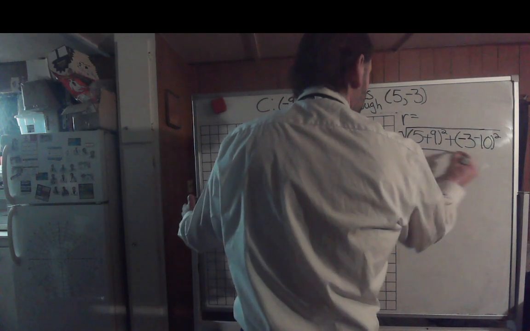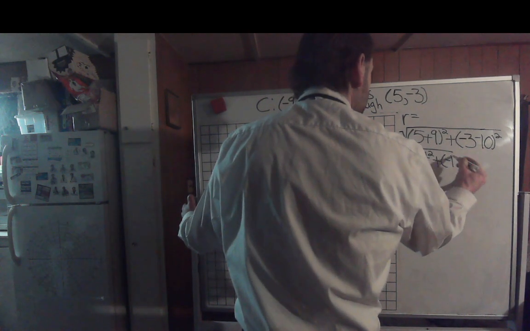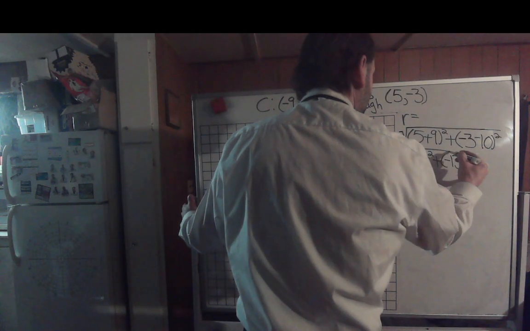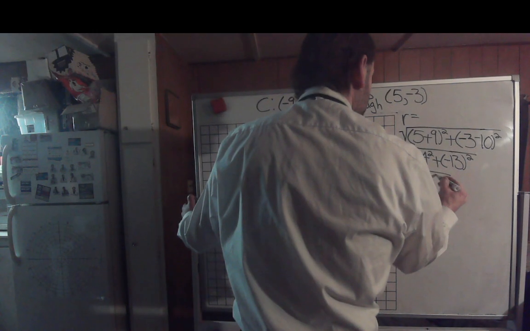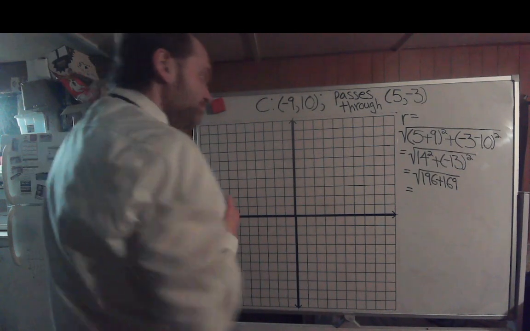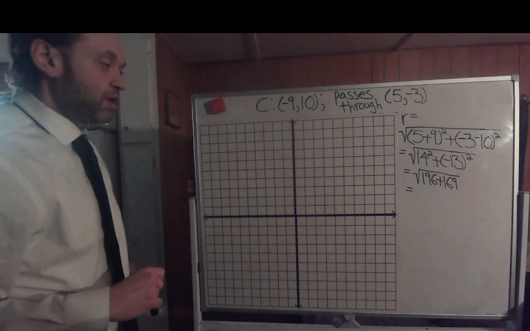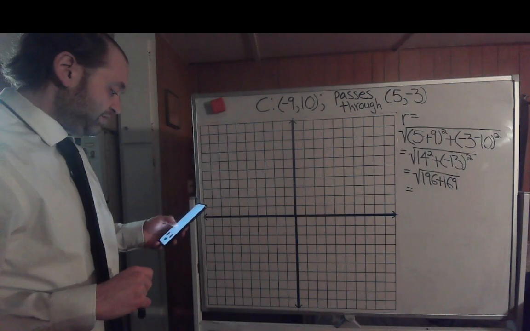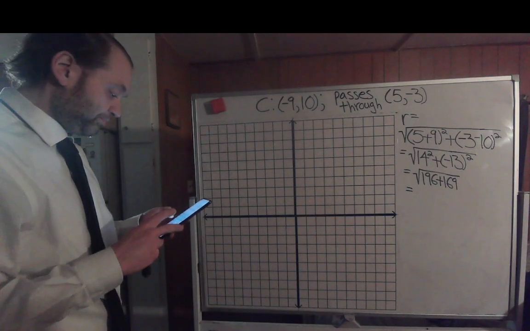So this would equal the square root of 14 squared plus -13 squared, which would equal the square root of 196 plus 169, which is going to equal, I want to say, the square root of 365. Let's just be sure of that.